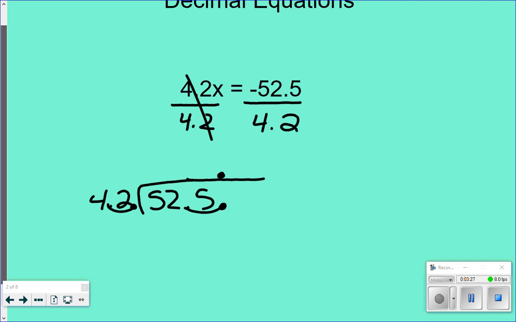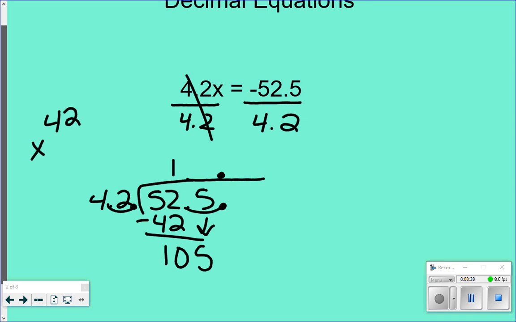So now I'm going to start doing my division. 42 doesn't go into 5, but 42 goes into 52. One time. Minus 42, I get 10. And then I'm going to bring my 5 down. 42 times what? Probably 2. 4, 84. Okay, goes in 2 times.